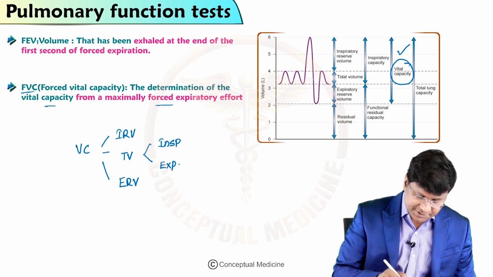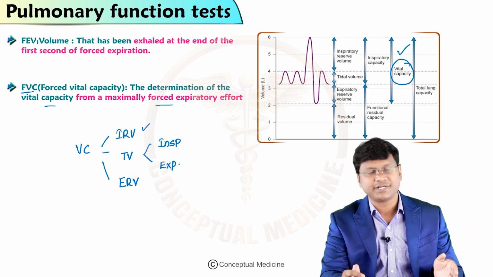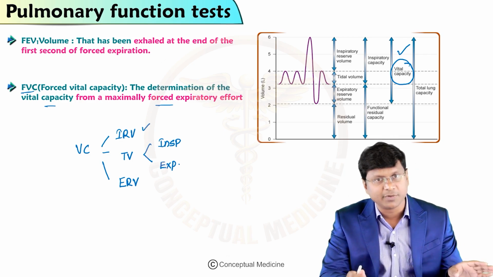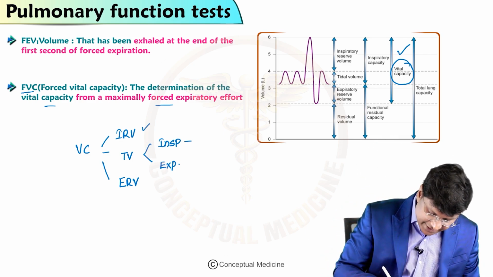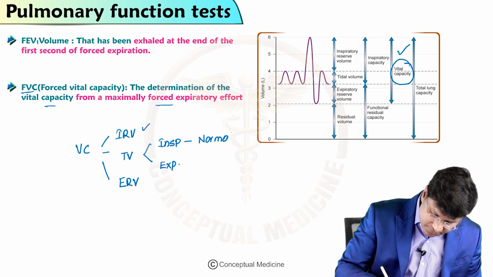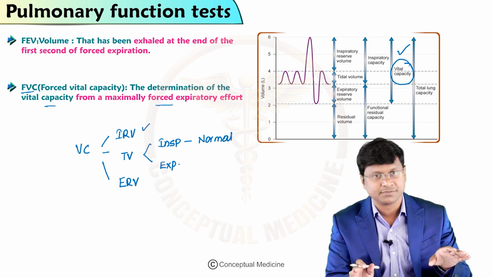Now, inspiratory reserve volume. What did we discuss in obstructive lung diseases? There is no problem during inspiration. So your IRV is normal and your inspiration is also normal, because during inspiration there is no obstruction.